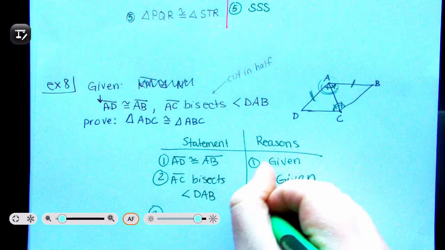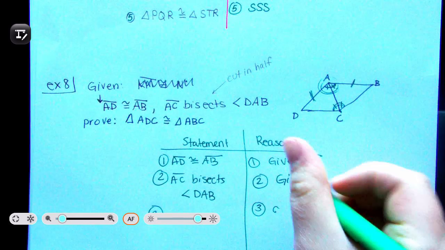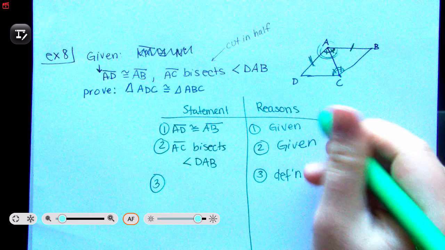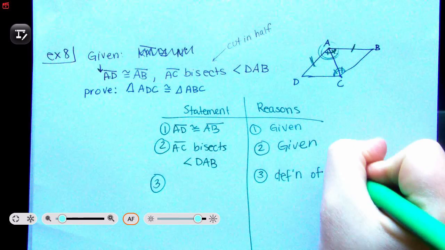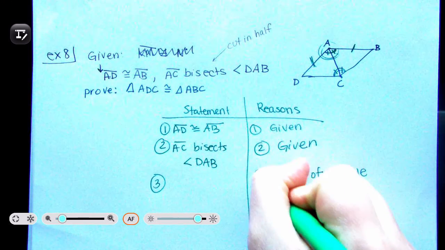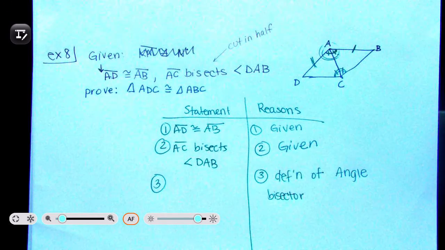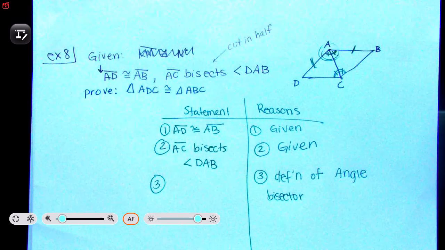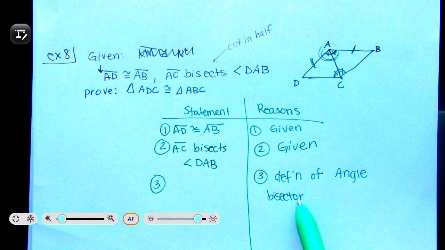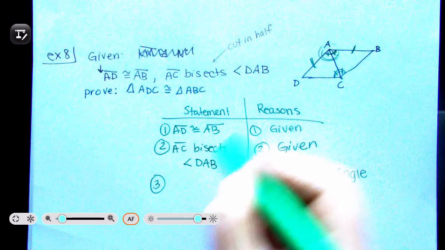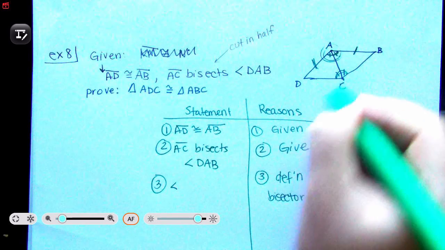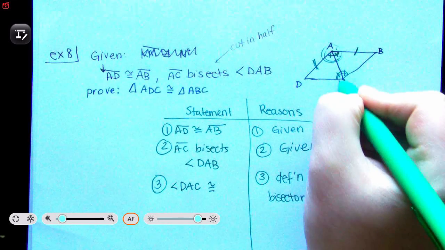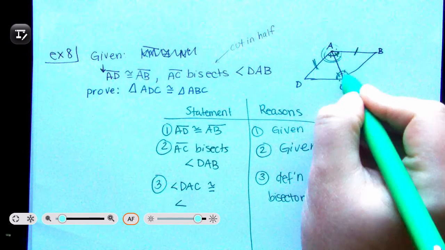We used the definition of angle bisector. So definition of angle bisector, what did that tell us? That told us that angle DAC is congruent to angle CAB.